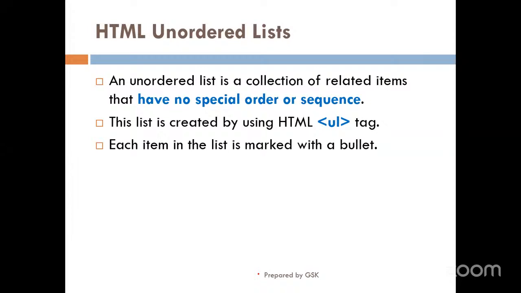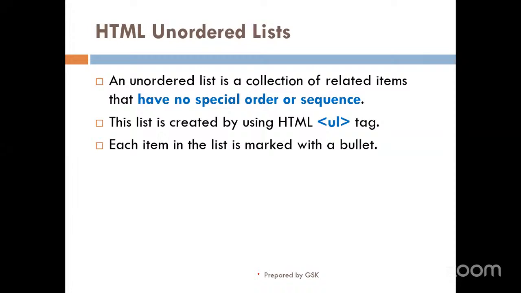Then coming to the unordered list, how to work with unordered list. An unordered list is a collection of related items that have no special order or sequence. That's why it is called unordered. There is no particular order for this. This list is created by using the HTML UL tag.